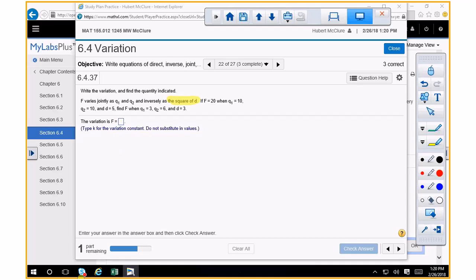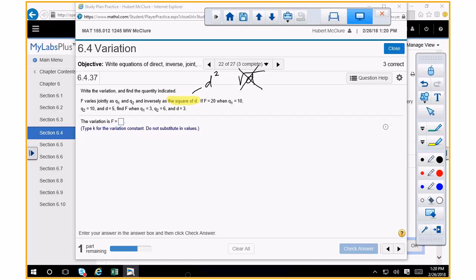Now, when you see the square of D, what do you think of? Most of you will think of the square root of D, and that's not right. I've written them emails about this, and they've blown me off, so I just quit writing them. This right here means D squared. So do not think of it as the square root.